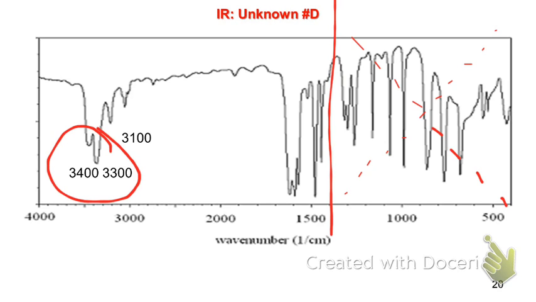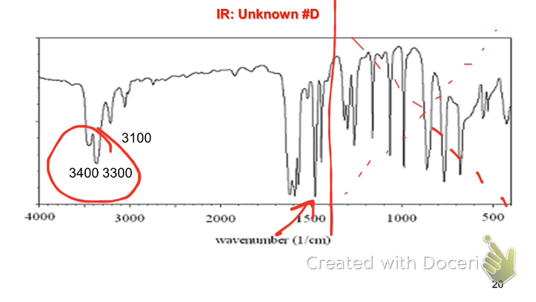3400 and 3300. I would classify those as fairly broad. Why would I say broad? Okay, because it's not sharp. What would sharp look like? Okay, if you look towards the ones on the right, those are sharp signals. So we've got a relatively broad signal, multiple peaks though in that range.